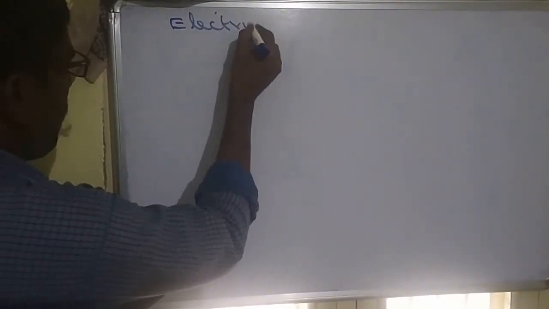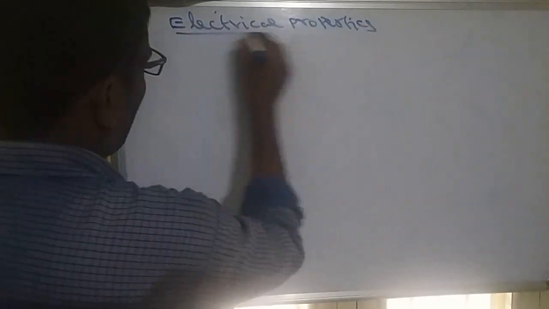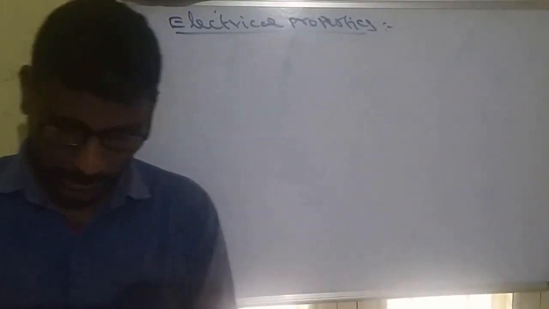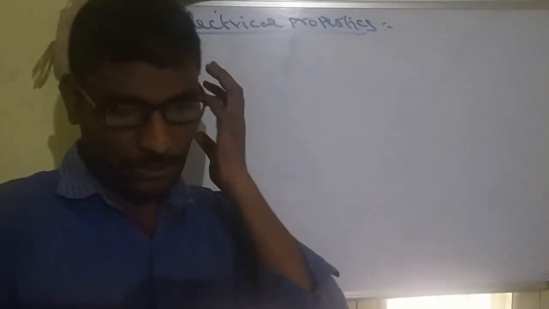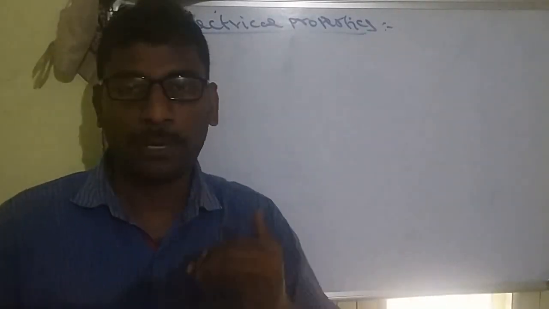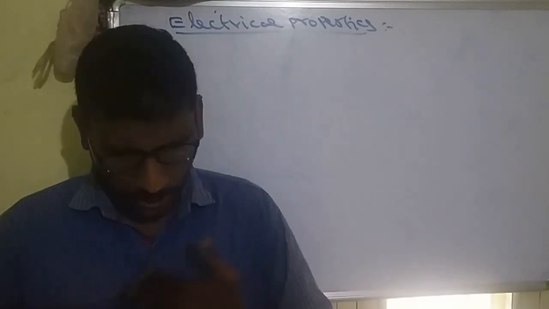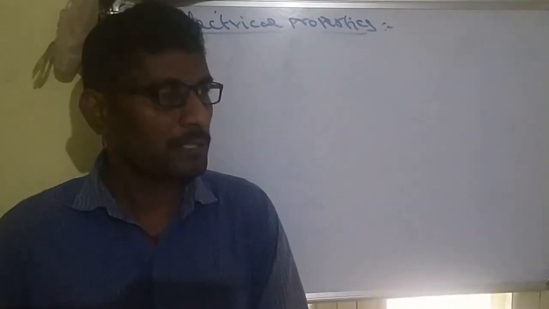Two important properties are there. One is the electrical properties of solids. Electrical properties means, based on conductivity values, solids are classified into insulators, semiconductors and conductors. We all know conductors conduct a high amount of electricity.